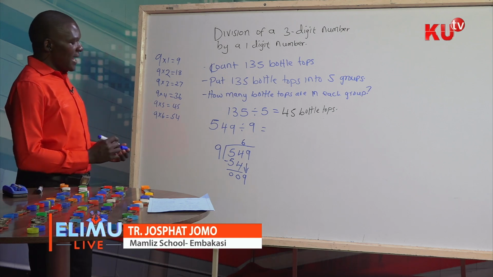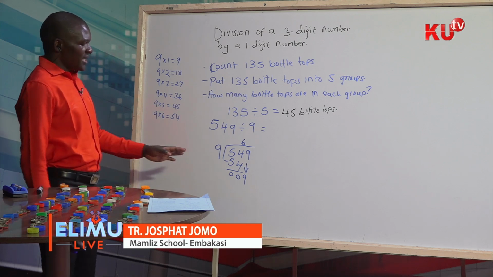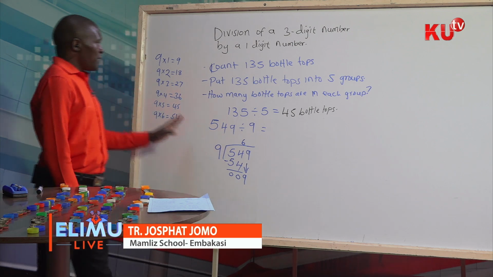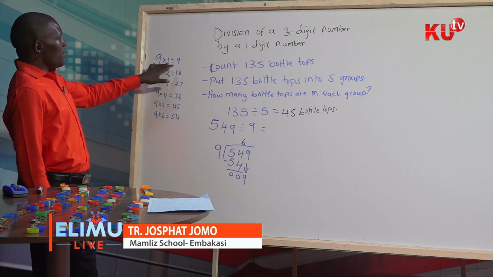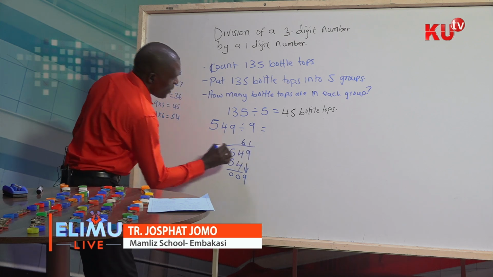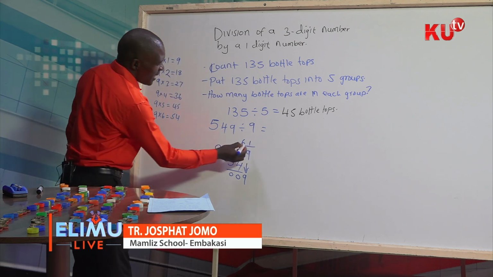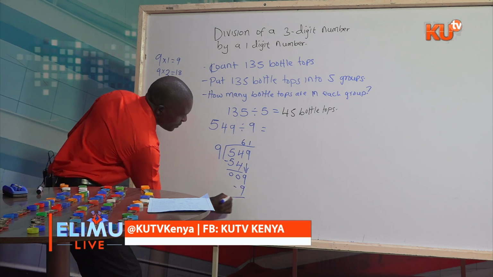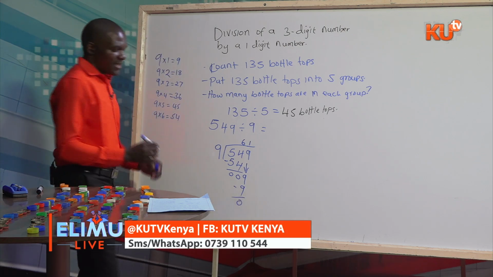Then you go back to the table. Ask yourself, which number are you going to multiply by 9 to give you 9? From our table, we have 1. So you are going to write that 1 at the top of 9. Then you multiply 1 times 9, which will give you 9. Then you subtract to give you 0.